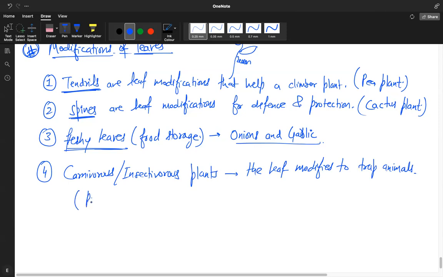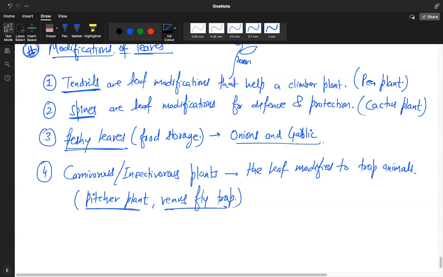And your example is pitcher plant. So in this, the pitcher is actually a leaf. Pitcher plant and Venus flytrap. If you look at these two structures, they are nothing but modified leaves. The pitcher and the trap in the Venus flytrap are leaf modifications.